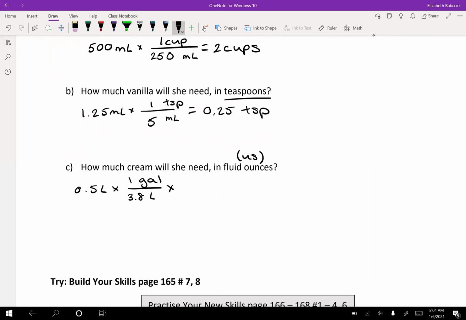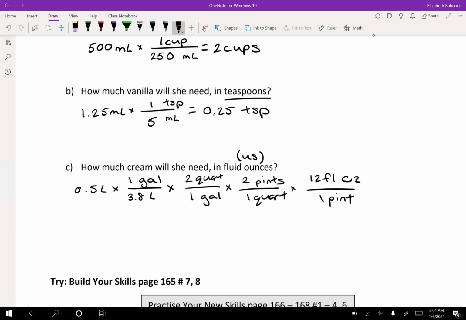So 2 quarts is equal to 1 gallon, 2 pints is equal to 1 quart, 12 fluid ounces is equal to 1 pint.